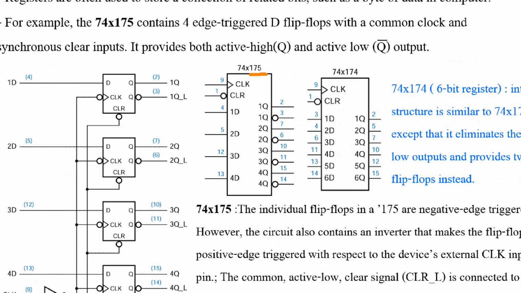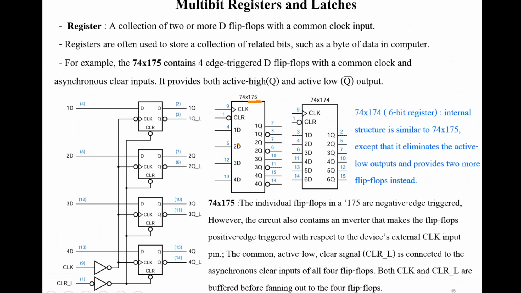For 175, there are 1, 2, 3, 4 internal flip-flops, and there are both active high and active low outputs for each flip-flop. For this one, it contains 6 internal flip-flops, but has only active high outputs.